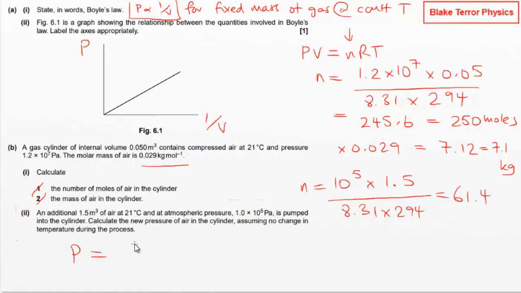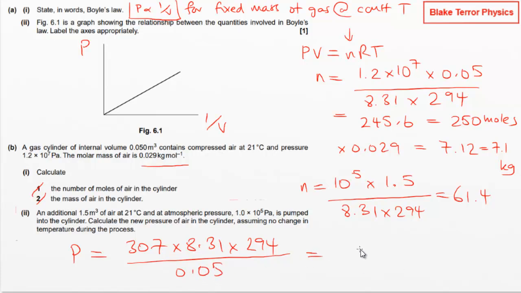Now we need to put that into a new PV equals nRT. So P is going to be equal to, the total number of moles now is 246 plus 61, say 307 moles, multiplied by 8.31, multiplied by 294, divided by 0.05.